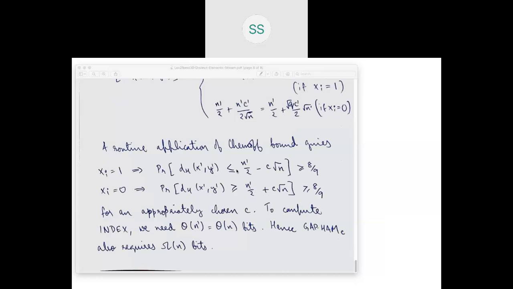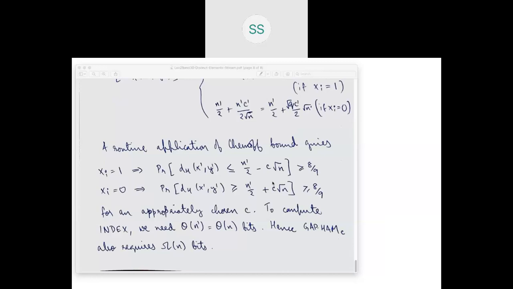Then they execute the gap Hamming protocol, decide which side of the gap they lie on, and then make the output. The probability of error in the gap Hamming problem plus the probability of error caused by the reduction will be low enough, and hence we get a randomized protocol for index.